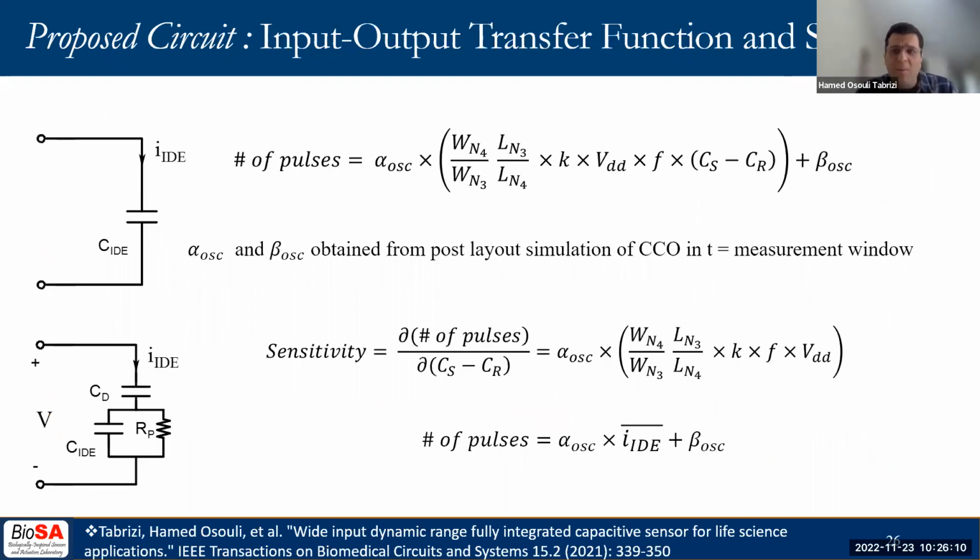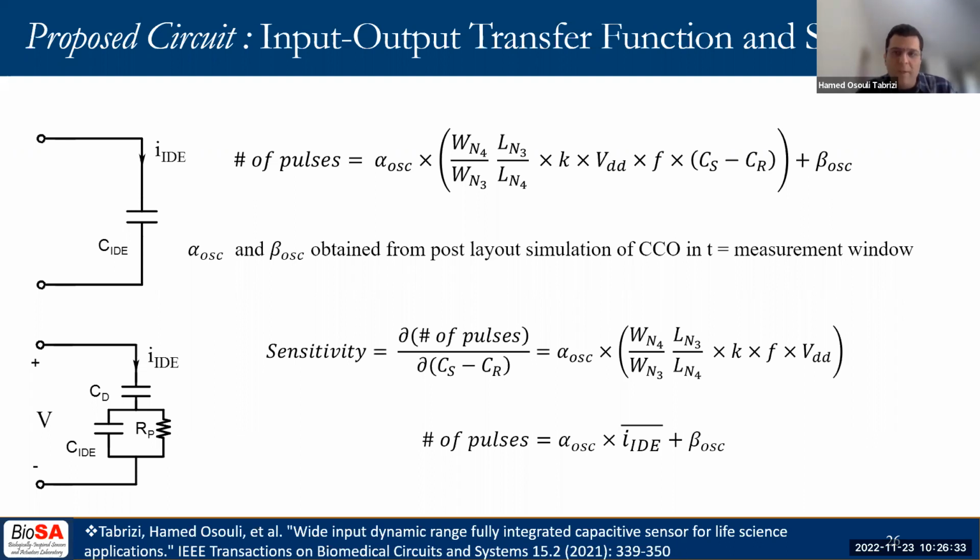Now that we have all the blocks of the system, the next question is the transfer function of the digital output over differential input capacitance. The digital output is the number of pulses, and according to this derived equation, the output has a linear relation with the input differential capacitance.